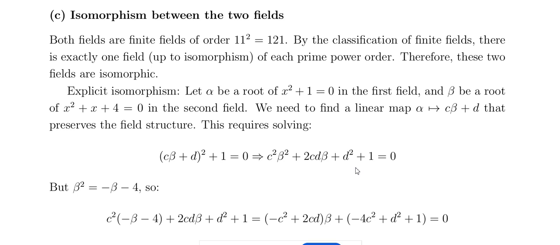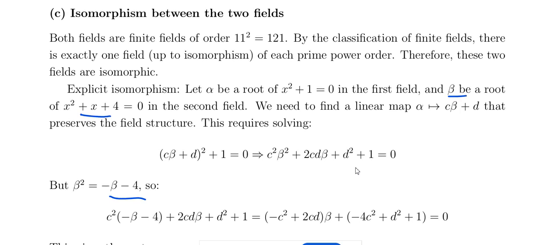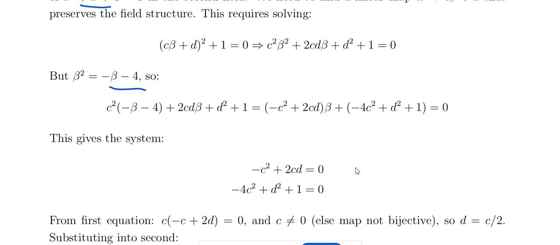So we require (c beta plus d) whole square plus 1 equal to 0. When I expand the (a plus b) whole square formula, beta square is equal to minus beta minus 4, because beta is the root of this equation. So substituting, we get c square times (minus beta minus 4) plus 2cd beta plus d square plus 1, and when you simplify, we get this.